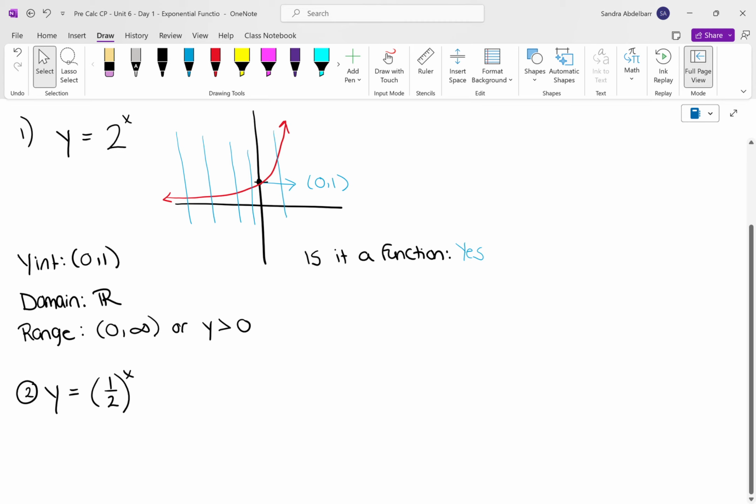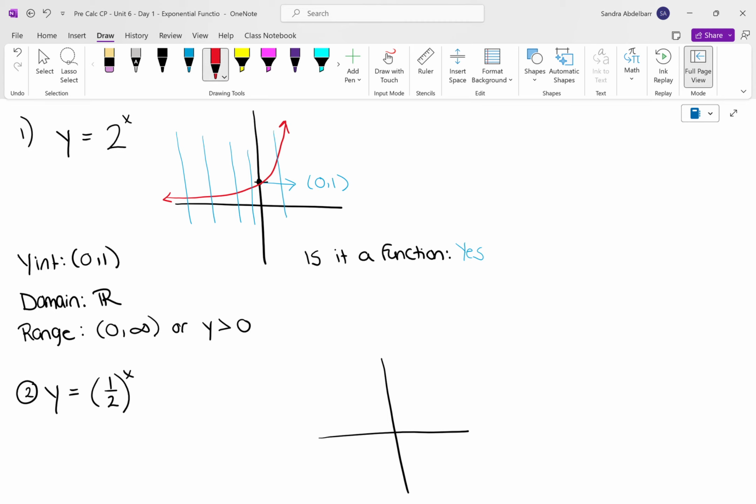Right now, in y equals 2 raised to the x power, aren't we increasing from left to right? Now, when you graph the half raised to the x power, what's happening? It is decreasing from left to right. That's not a coincidence.